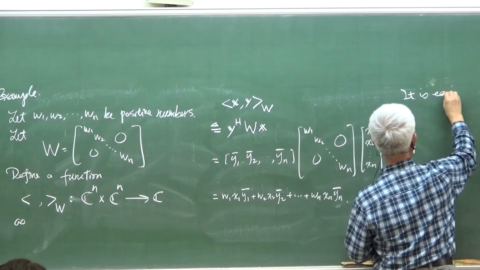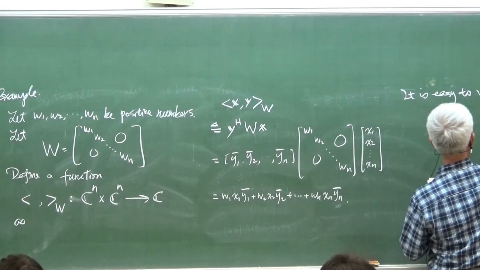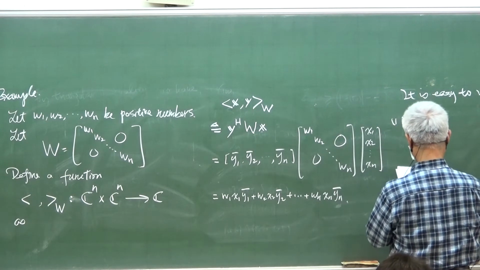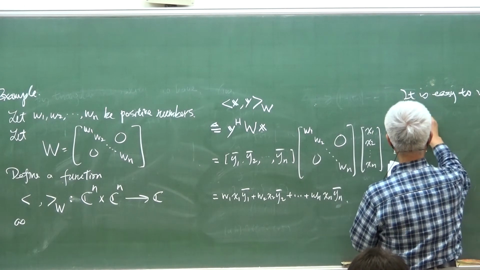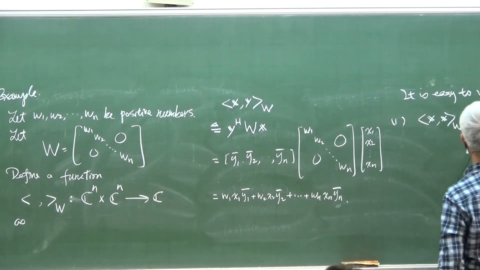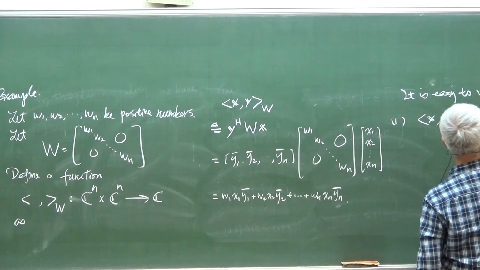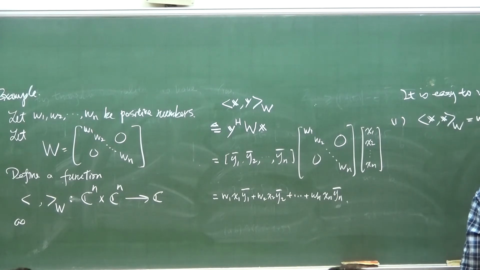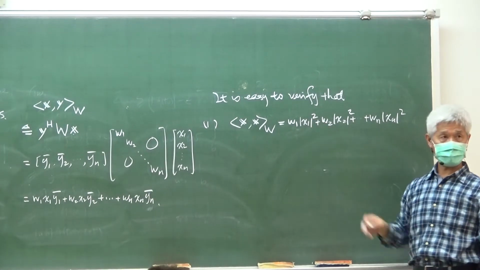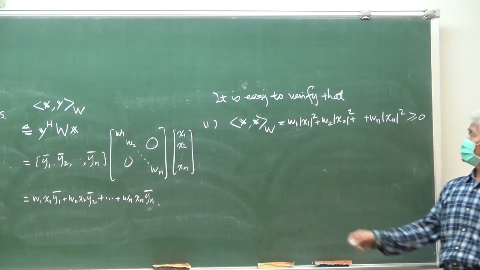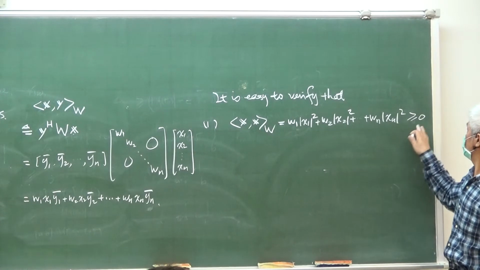Now it is easy to verify that, first, the inner product of X with X is s1 |x1|^2 plus s2 |x2|^2 plus up to sn |xn|^2. Because the s_i's are positive, and the squares of absolute values are always non-negative, we are sure the inner product of x with x itself will be non-negative.